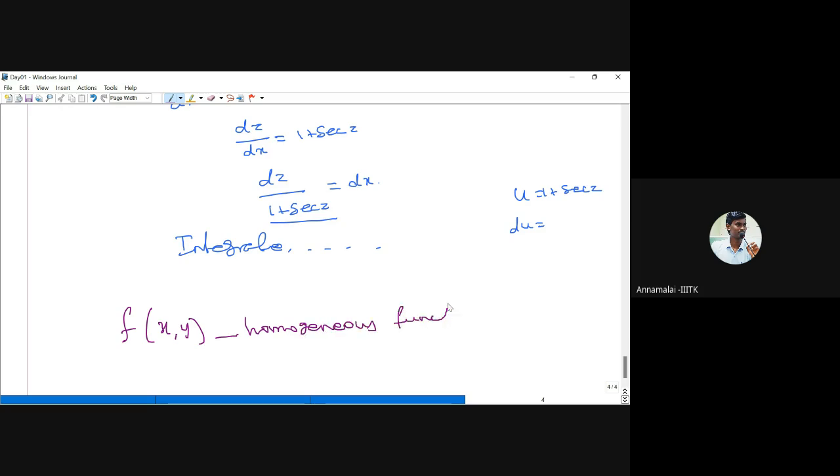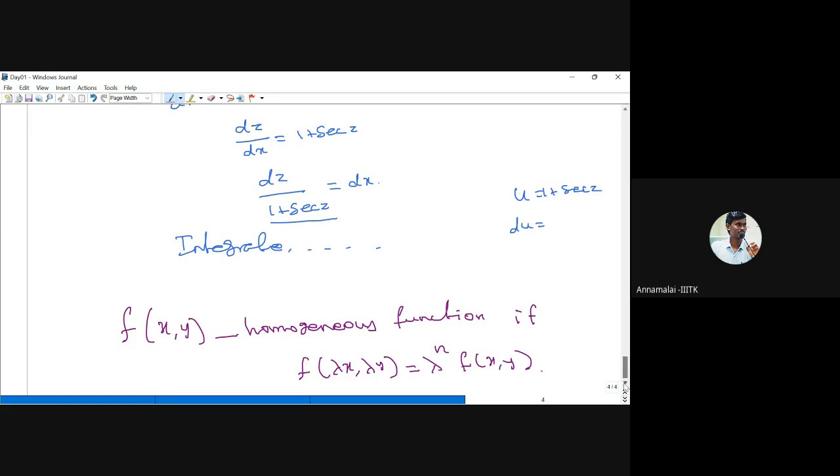If we replace x by lambda x, y by lambda y, we get that f of lambda x comma lambda y is lambda power some n times f of x comma y. A function satisfying this for some n is called a homogeneous function.